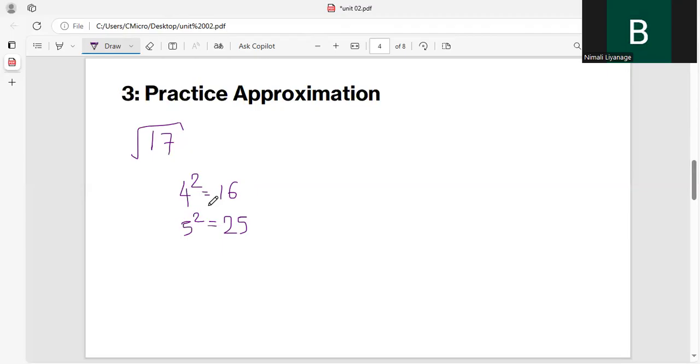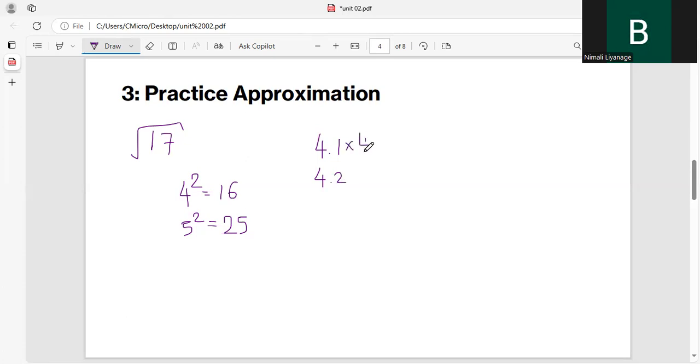So let's check the numbers between 4 and 5. The square root of 17 should be closer to 4. Then we take our guess, like 4.1, 4.2, 4.3.